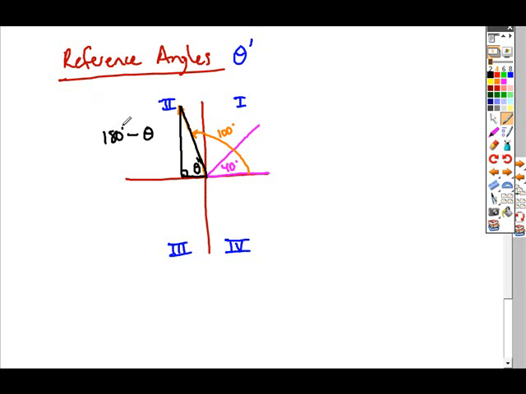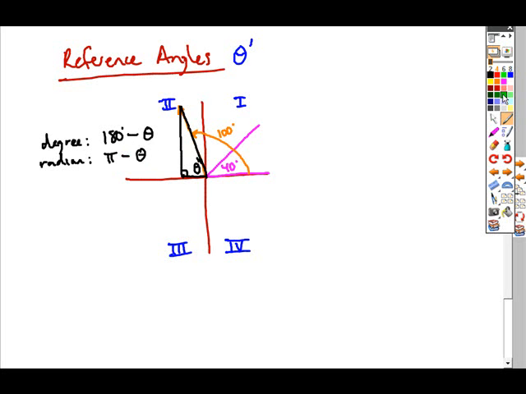Now, if we were dealing in radians, so this is degrees, if we were dealing in radians, what would the formula be for a reference angle in quadrant 2? Instead of 180, how many radians? Pi minus theta. So there's your reference angle for this.